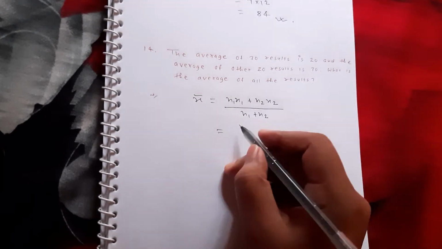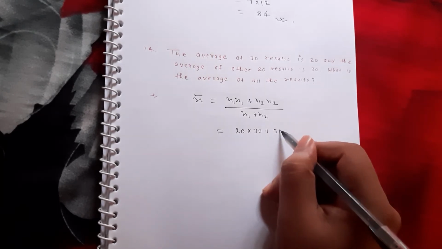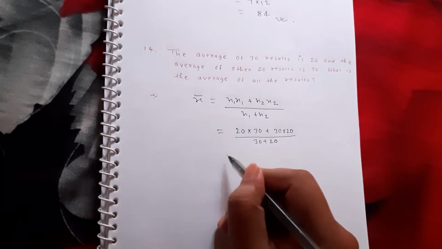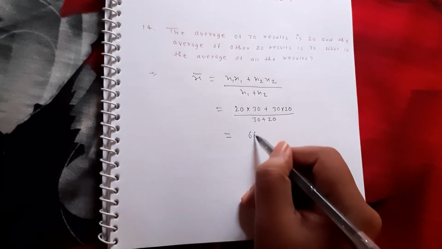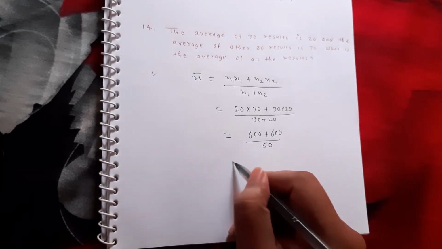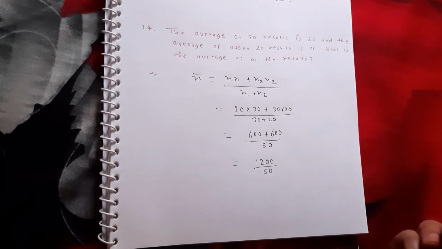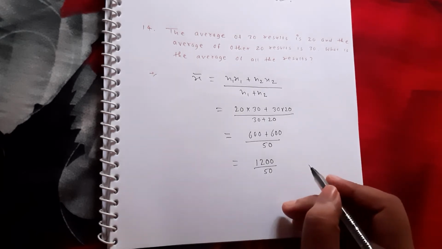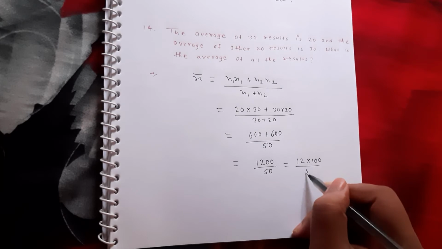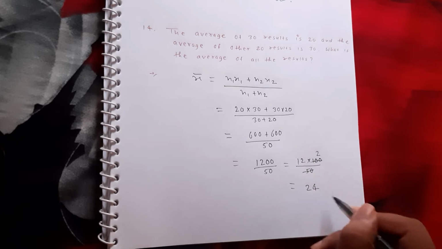So we have 30 into 20 plus 20 into 30 divided by 30 plus 20, which equals 600 plus 600 divided by 50, that is 1200 divided by 50, which equals 24.